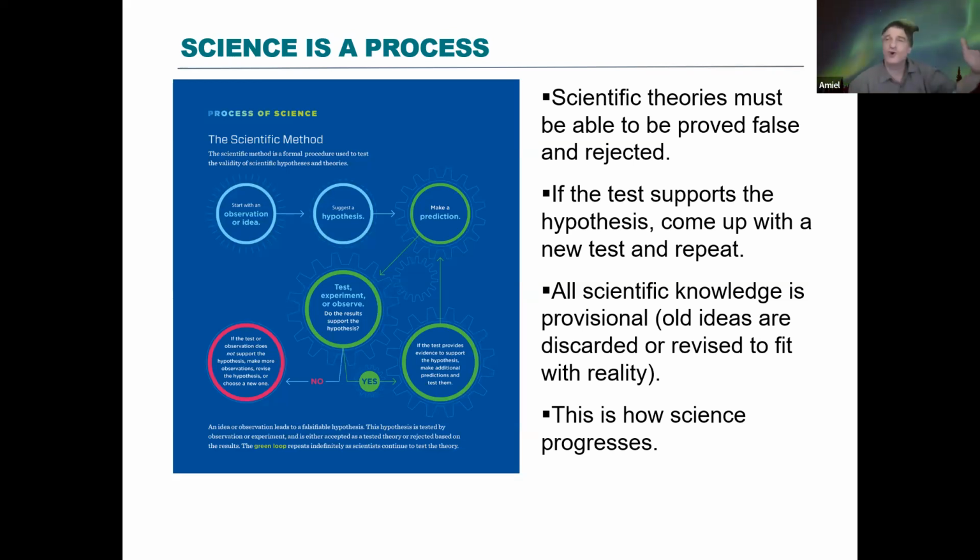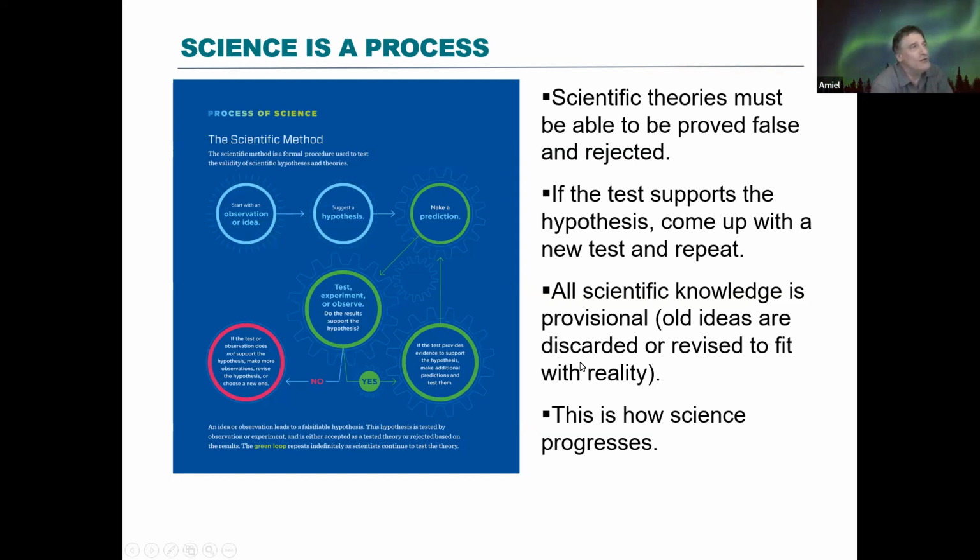The whole system is self-correcting, because if the hypothesis fails the test, you build a better mousetrap, improve your ideas, make better measurements. So these steps can be repeated indefinitely until, again, you churn out laws and theories.